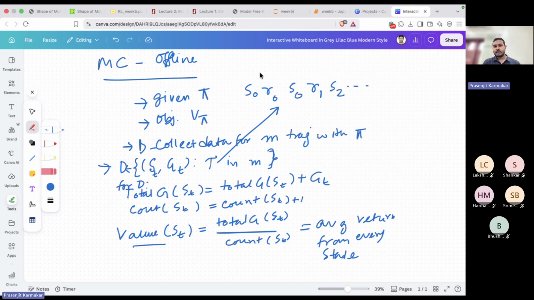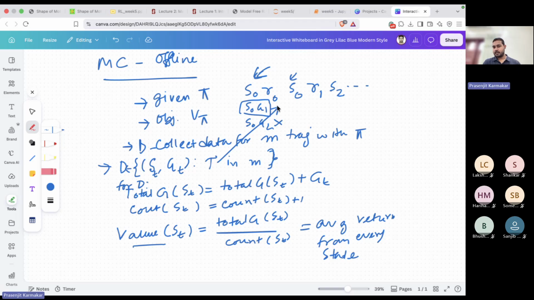Now you can take this S0 both times, or you just take the first visit, whenever you visit the state first. So either you can have two entries, S0 G1 and S0 G2, or you can only have S0 G1 and skip S0 G2.